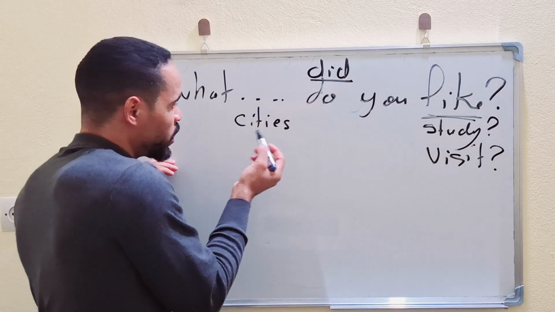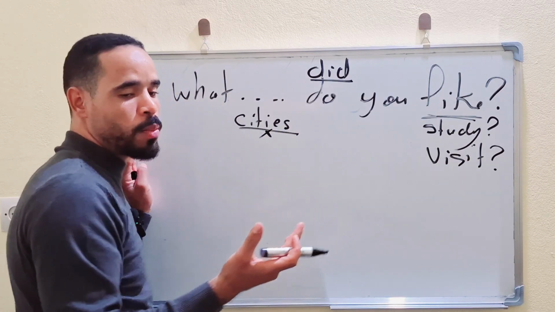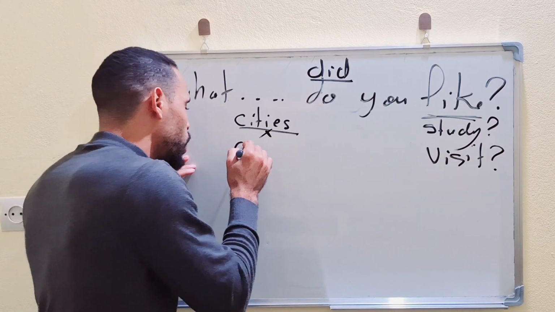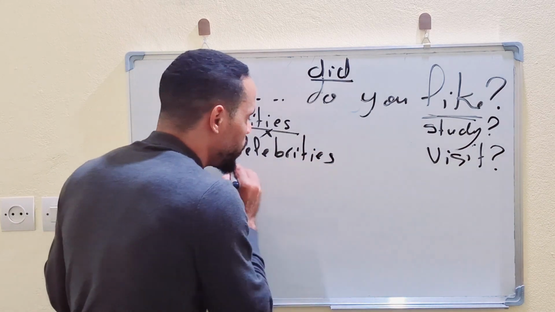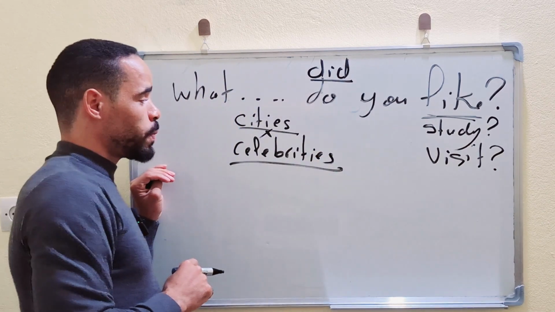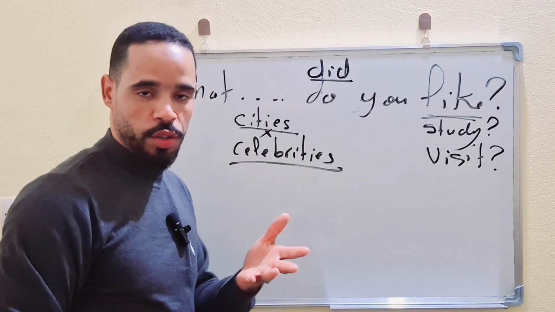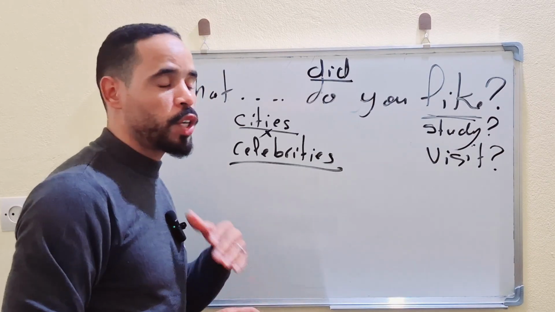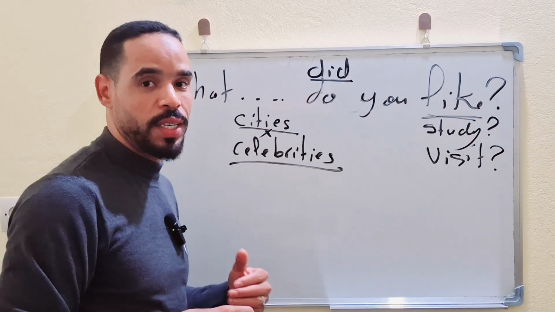Another example, we can change cities. I'm not interested in cities. I don't want to ask you about cities, but I would like to ask you about celebrities. What do we mean by celebrities? First, which means people famous or known in your country or in your city or in the world, like Messi, like Cristiano. He is a celebrity.